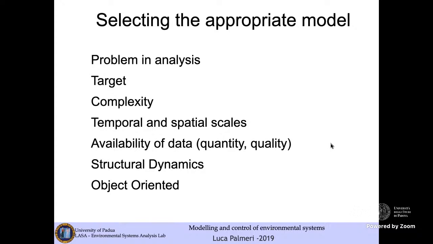So, for example, the change of a diet of an element, or the extinction of an animal, of an organism. So this means the disappearance of, for example, a state variable, or the appearance of invasive species or alien species. This means, from a structural dynamic point of view, the appearance of a new state variable and of a new set of flows, and so on.